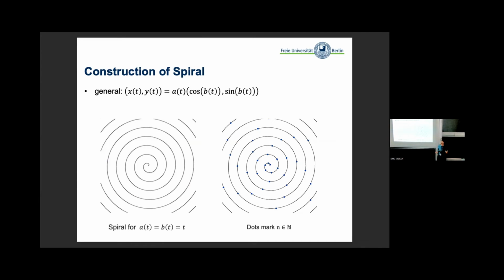Another question is whether there is a suitable choice for a of t and b of t to fulfill some of the properties we would like our representation to have in the very end. The possibly most basic approach is to take a and b equal to t, which gives us a nice spiral, but it comes with some issues.